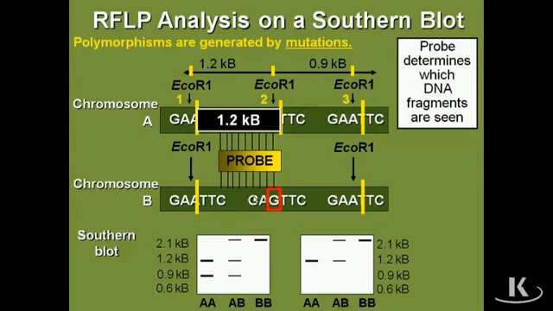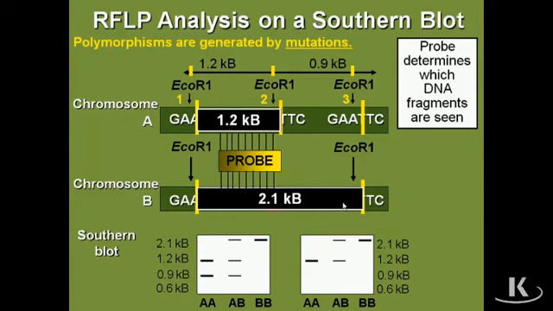The probe is also going to complementarily base pair with this sequence down here. So somewhere in the southern blot, we should see a 2.1 kilobase fragment. So for this particular individual, what should their southern blot look like? Which one of these 6 lanes should it correspond to?